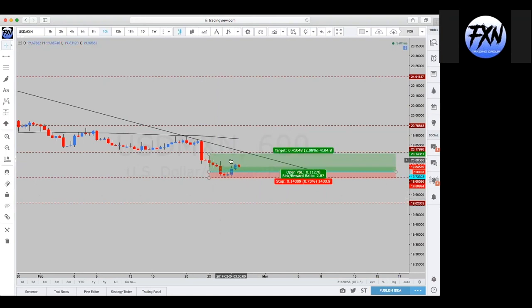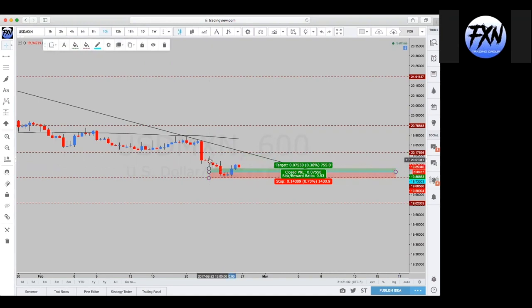Almost 3-to-1. Right now, if we look to the left, we do see price does struggle in this area here, right? So if you wanted to be safe and just get it to these areas here, you're still looking at 1 to 1.5, 1 to almost 2 in this area, depending on where you take it, right?